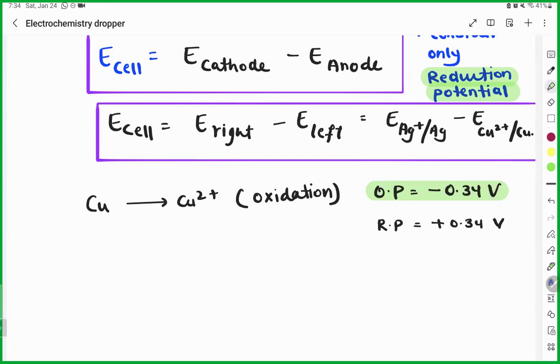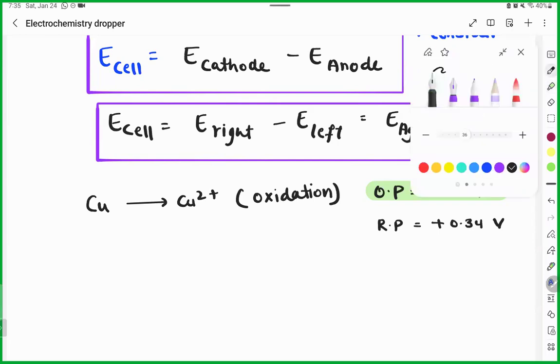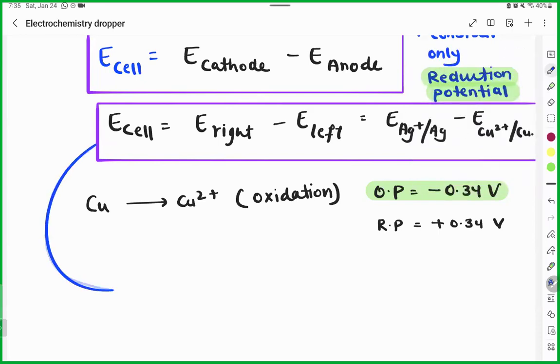Any doubt? No, sir. Right. And I mentioned one statement: you will never make a mistake in this topic. Why? Because E cell is always positive. Even if you make a mistake of the sign, you should still get a positive value.